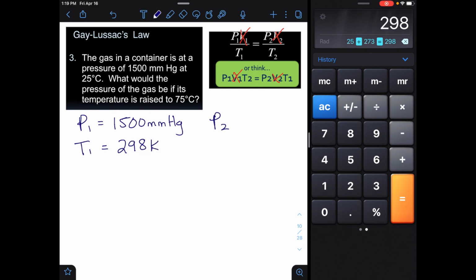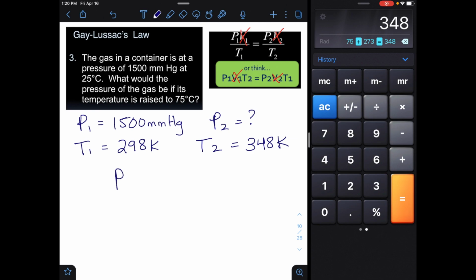What would the new pressure be? Question mark. If the temperature is raised to 75 plus 273, and if you can do that in your head, that's fine, 348 Kelvin. So I can use either of these equations. I'm going to skip down to this easy equation.